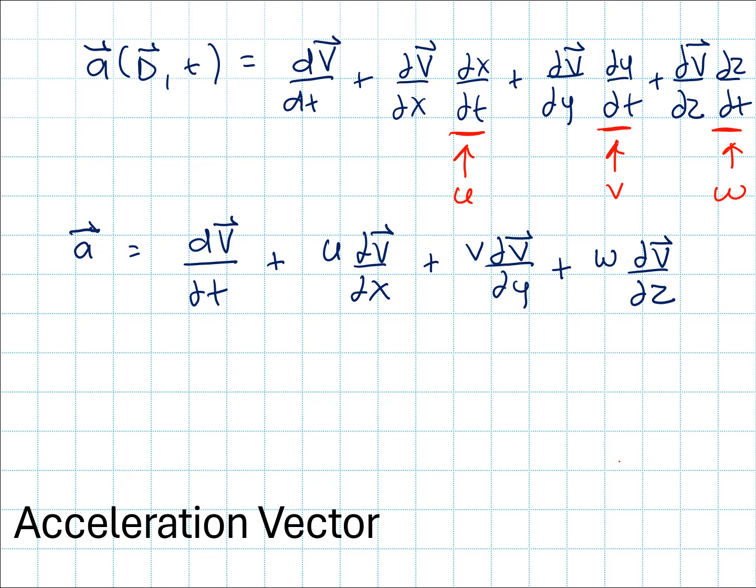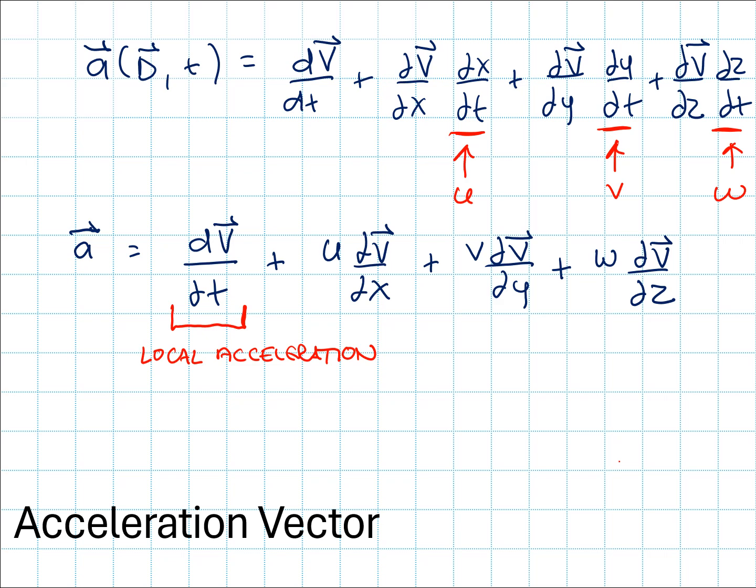So I can think about my acceleration vector as being made up of two different parts. The first term is what is referred to as the local acceleration. In your high school physics class, this is usually how we've defined acceleration, as the change in velocity with respect to time.